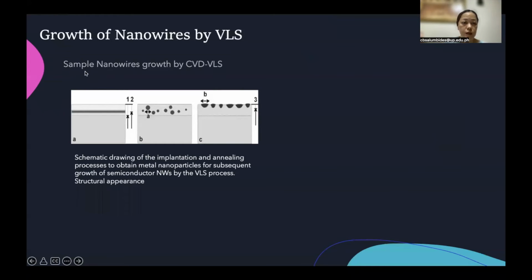And then this is how it looks after annealing at certain temperatures. And then after further annealing at relatively higher temperatures for quite some time, we already have this metal catalyst on the surface of the substrate.